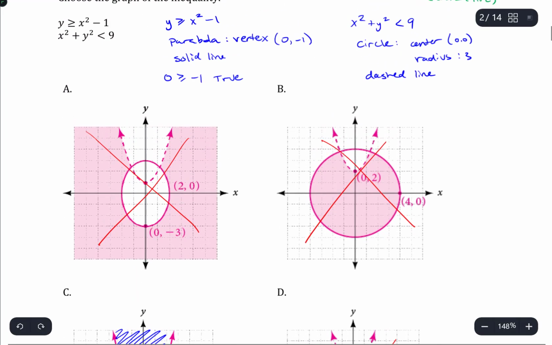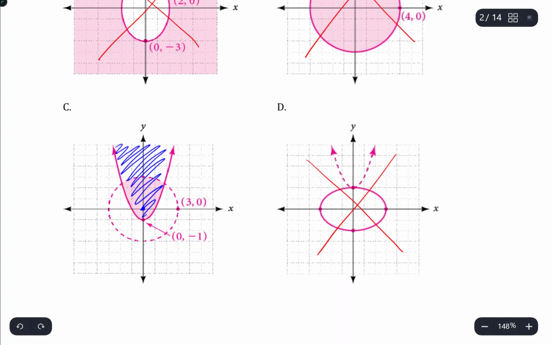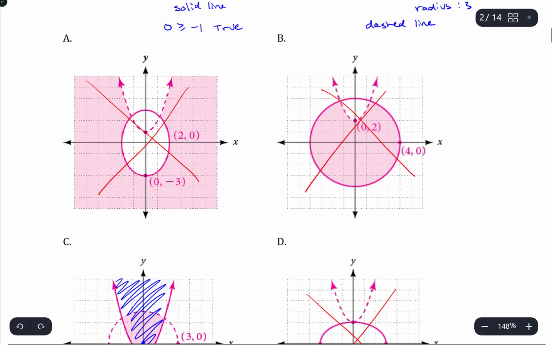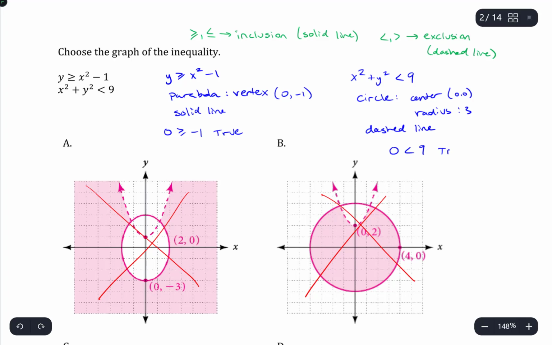Then with the circle, I need to test if it's the inside of the circle or the outside of the circle that needs shaded. So I need to make sure I pick a point that's clearly one side or the other. So again, the origin's easy. That would be 0 squared plus 0 squared, which is 0, is less than 9.